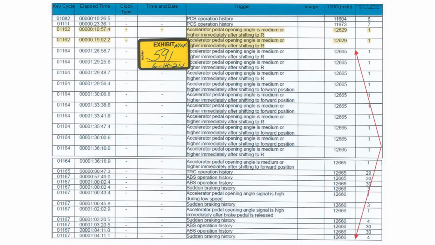We're going to need some of that leading up to it. So at least from January 28th, 2022, till they did their testing of Karen Reed's vehicle, we should have a report and documentation of all the key cycles and information from that. But we do not have that in this exhibit.